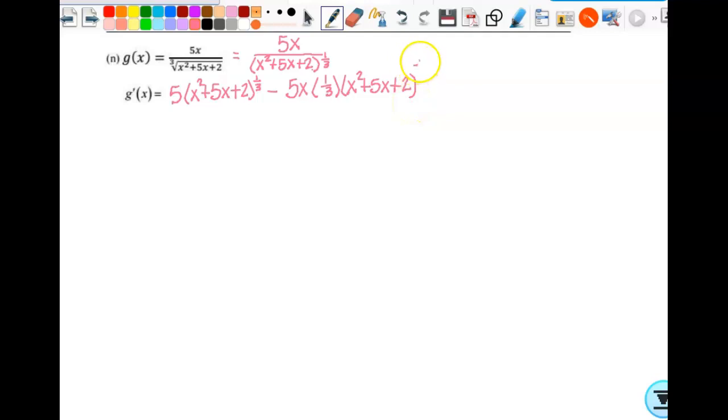Negative 2/3, because I have to do 1/3 minus 1 gives me negative 2/3. So this is the beginning of the chain rule, right? I multiplied this out here. I subtracted 1. So now I have to multiply by this derivative, 2x plus 5. All over x squared plus 5x plus 2 to the 1/3 power squared.